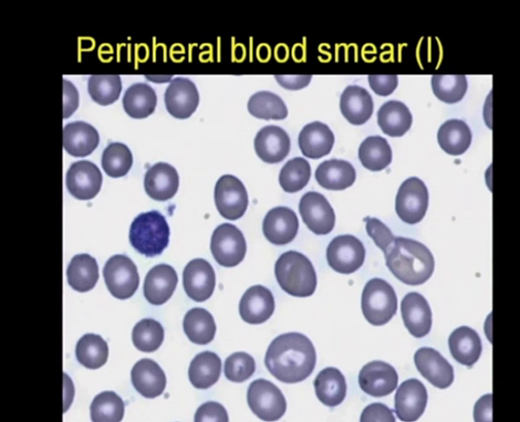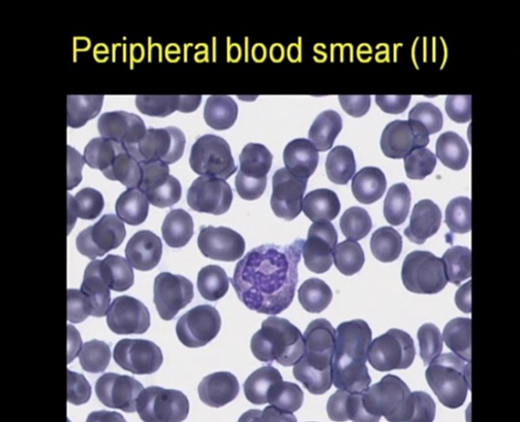Usually we have small T lymphocytes in peripheral blood, and the nucleus of this small lymphocyte should be at least 1.5 times larger than a normal erythroid cell. And if you have the reference, you see that there is a sort of double population with these macro-ovalocytes.